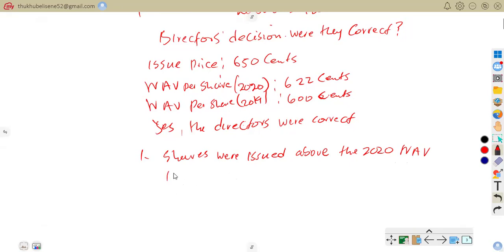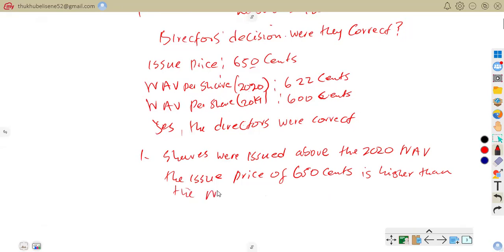So it simply says the issue price of 650 cents, which is this one, is higher than the net asset value of 622 cents. So that is that.